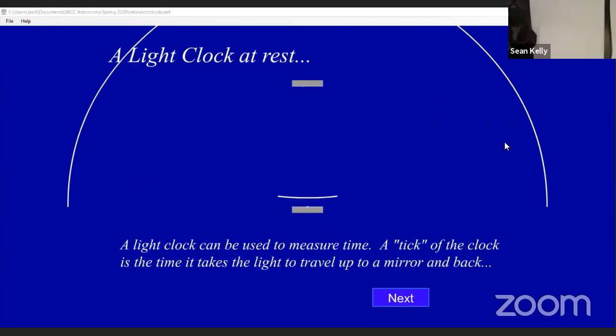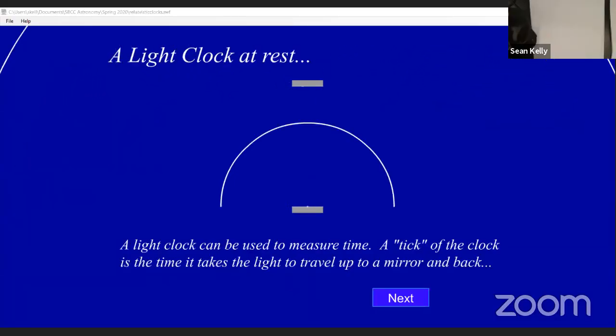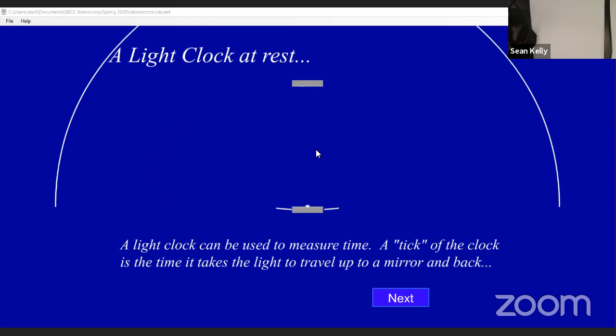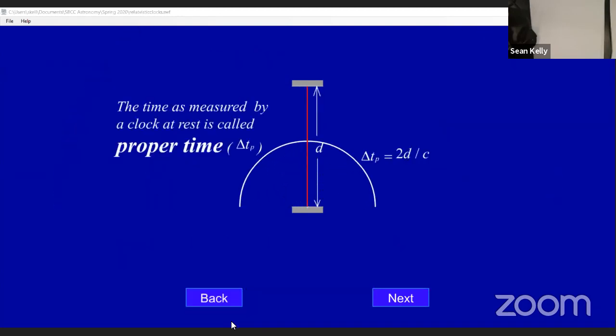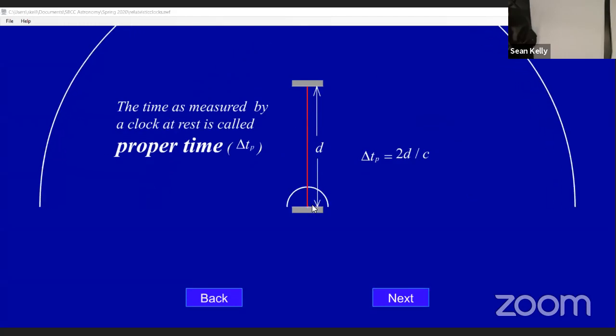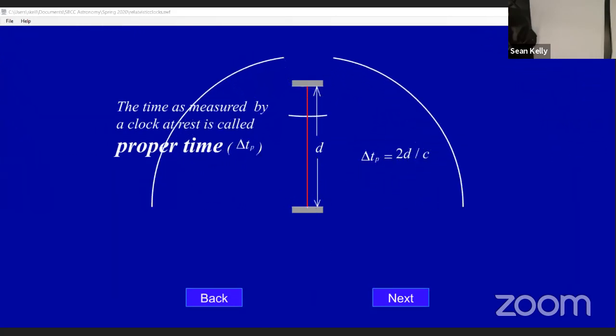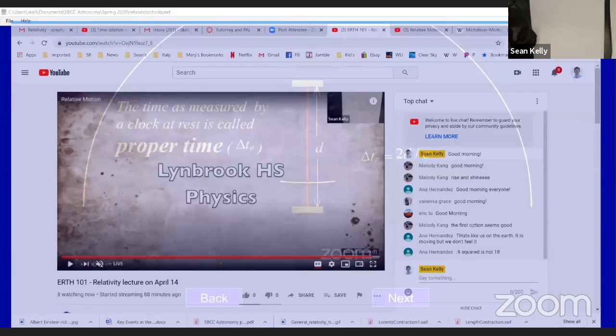Let's see if you can see this. Can you let me know if you can see this, by the way? I'm pretty sure you can. So you guys should see a clock. This is the light pulse going up and back down again. Everybody see it?